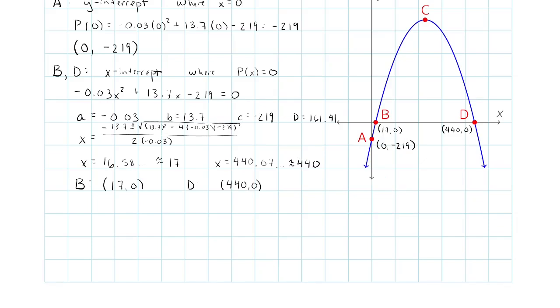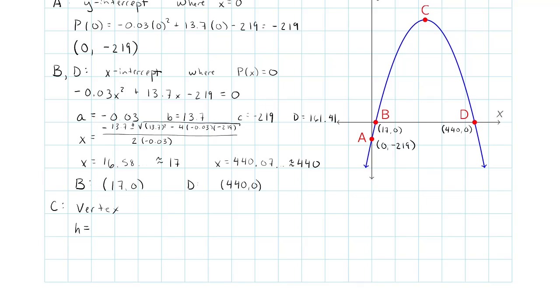And that only leaves point C, which is at the top of the graph. Point C is the vertex. So to find the coordinates of the vertex, we'll use the vertex formula.